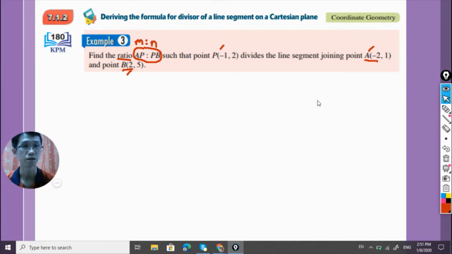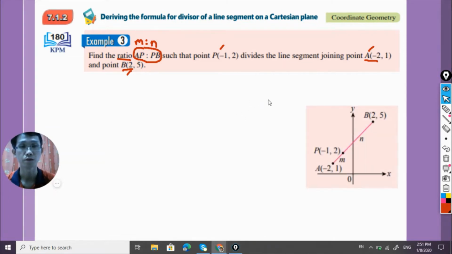You have to sketch the points on the Cartesian plane first in order to see the position of the points involved. From the diagram that we sketched, we find that point A is at this position, B is on the top right, with point P somewhere in between, but closer to point A, because the coordinate given is (-1, 2), which is nearer to (-2, 1).